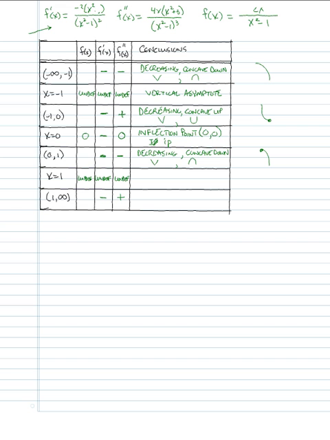And then we have x = 1. Well, we're undefined there. We happen to remember that we have a vertical asymptote. Okay? And then finally, in the last interval, we're decreasing and concave up.